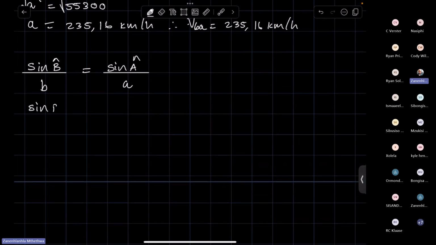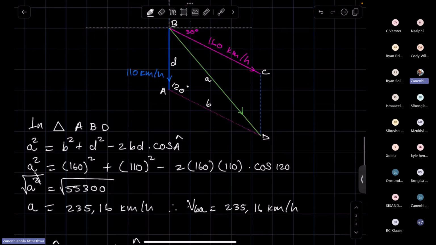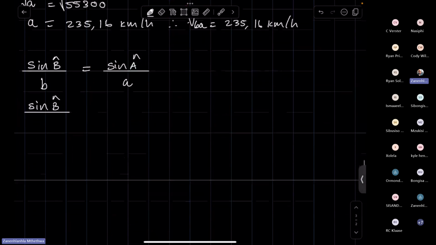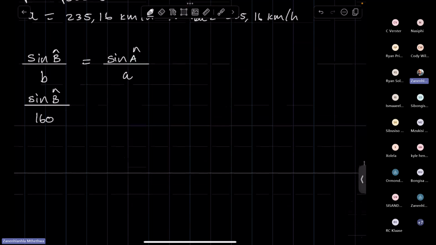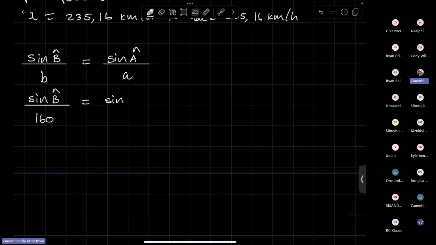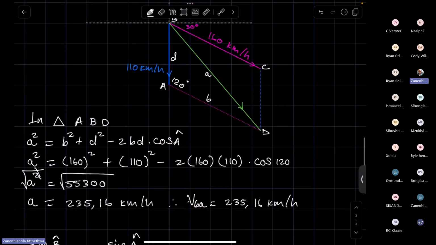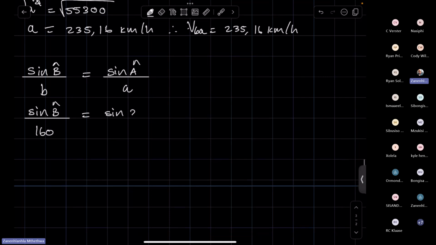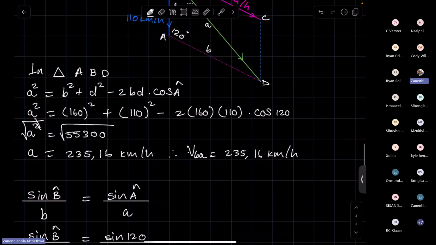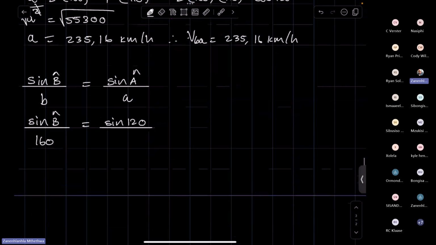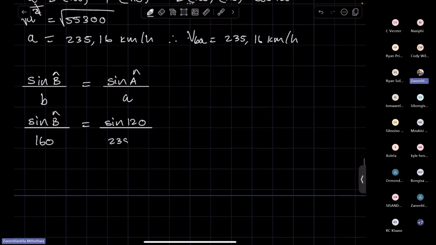Now you simply substitute. So this is sine B, we're looking for angle B. Side B from our parallelogram is equal to 160. So that's 160 is equal to sine A, which is the angle we had, which is 120, divided by side A. Side A is our resultant, which is 235.16.